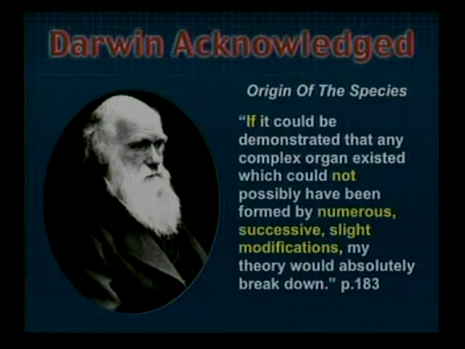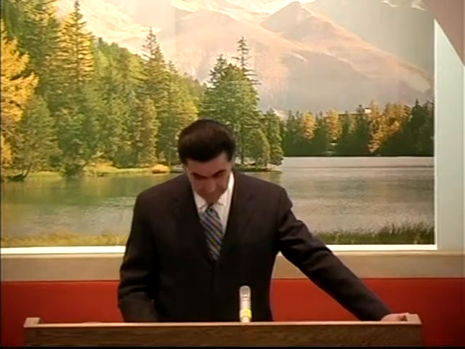Interestingly, in Origin of Species, Darwin says, "If it could be demonstrated that any complex organ existed which could not possibly have been formed by numerous successive slight modifications, my theory would absolutely break down." Crash. There it goes. What we have learned in microbiology in the last 10 years has absolutely demolished, based on the criteria of Darwin, his theory. He says this is a test. It would demolish his theory.